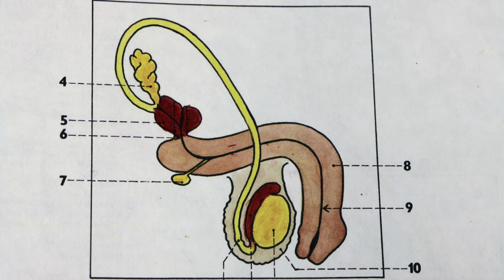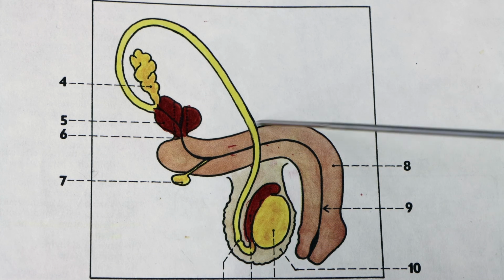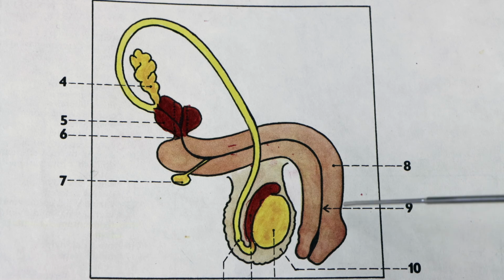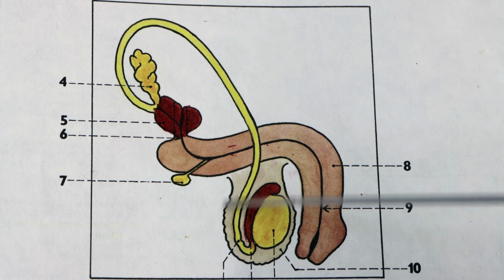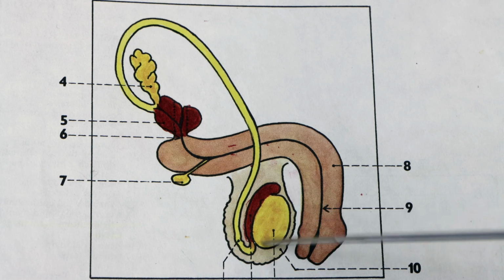So regarding the external genital organs, as the name says, it is what is outside: the penis and the scrotum, which contains the testis and epididymis.